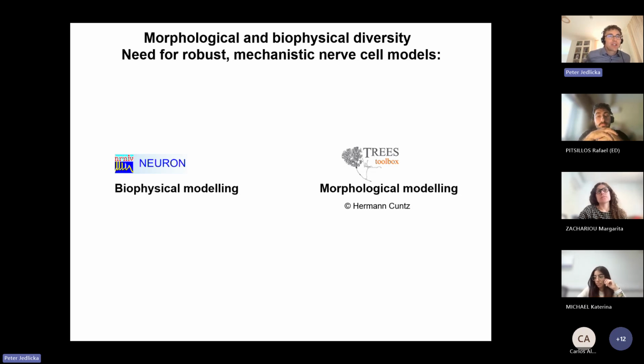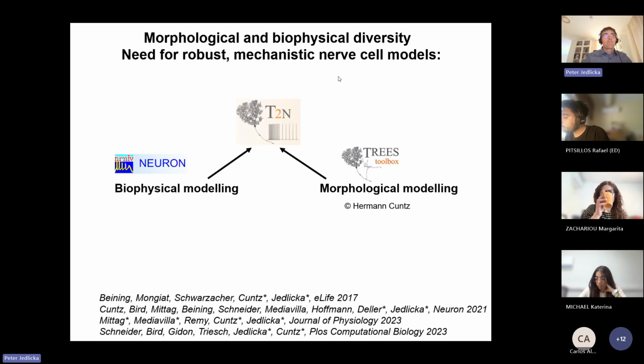Together with my colleague Hermann Kunz, we combine the classical biophysical modeling with morphological modeling. I will explain to you later what that is. We have our own software, T2N, which stands for trees to neuron interface, because the trees toolbox allows you to create morphological models of nerve cells.